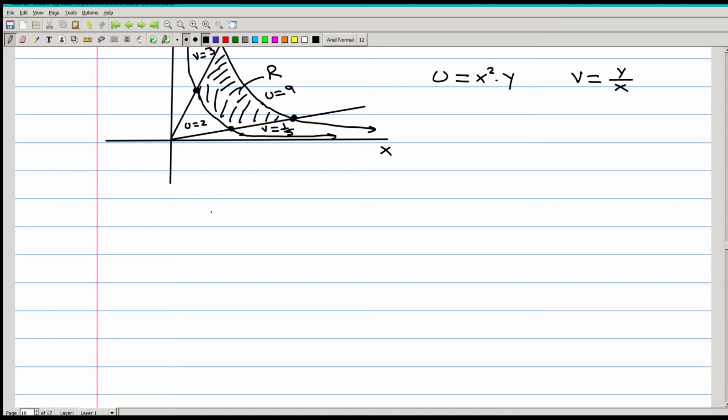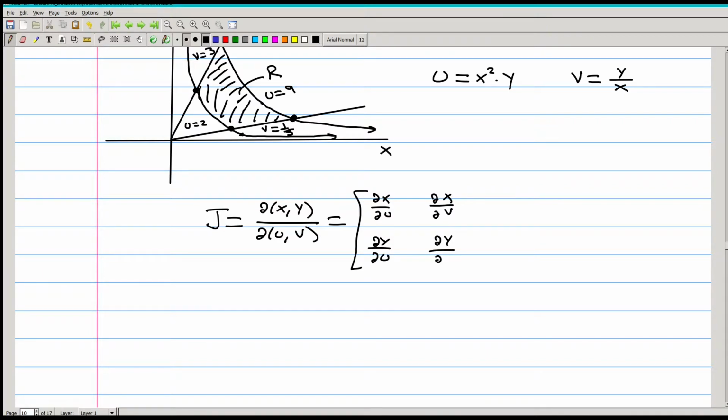The Jacobian matrix, you'll recall, is the matrix of partial derivatives of x and y with respect to u and v, or the matrix dx du, dx dv, dy du, dy dv.